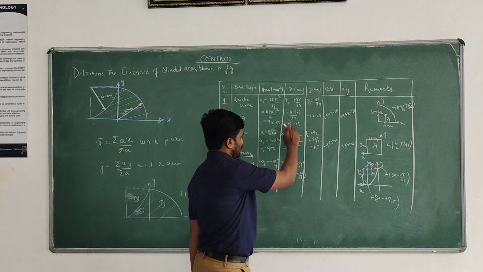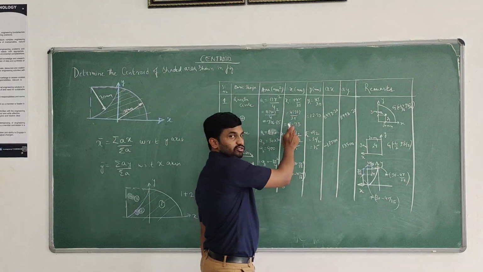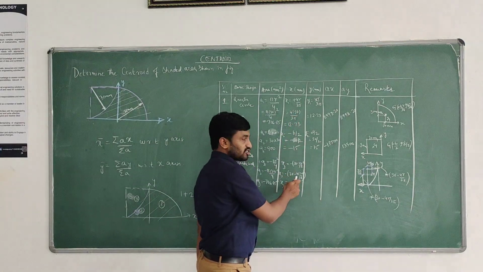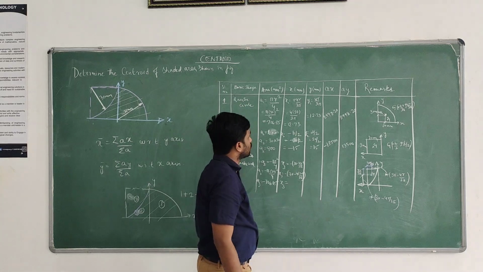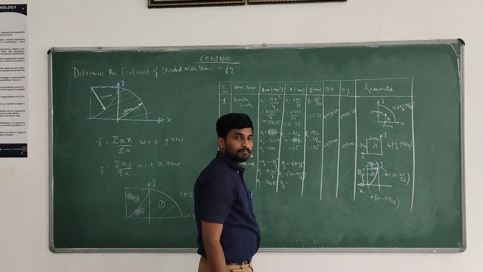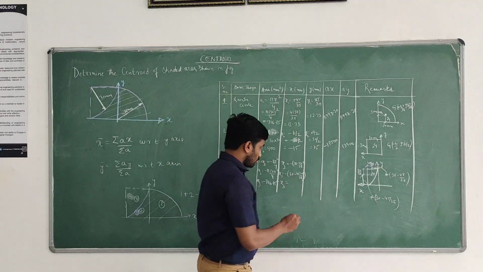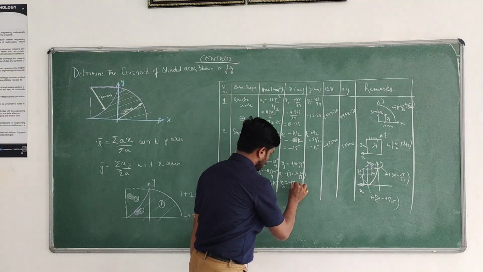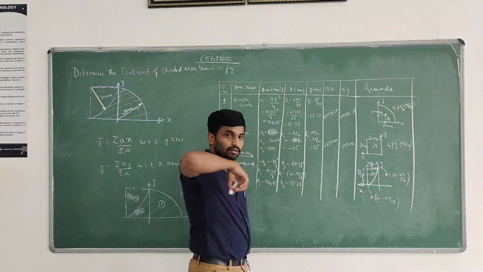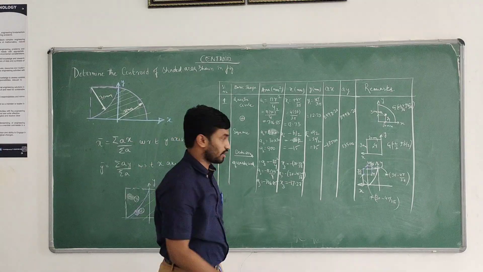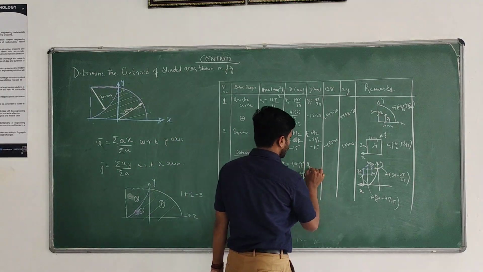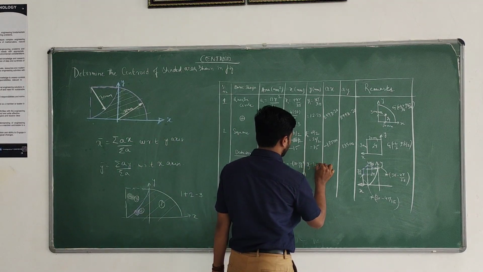First, tell me what is the value of 4r by 3 pi. 4r by 3 pi is 12.73. So 30 minus 12.73 is 17.27. So minus 17.27. Here y3 is only 30 minus 4r by 3 pi.